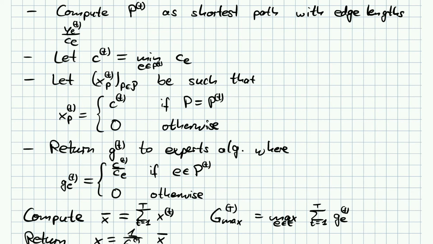But what you'll see is that on this path there is an edge for which the capacity C_E is exactly equal to C_T, which means that in every step there is one edge on the path for which this ratio is exactly 1.